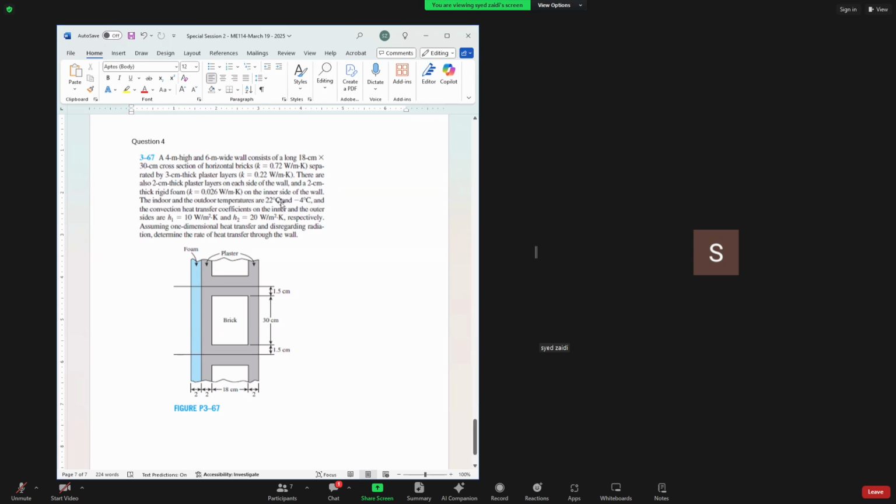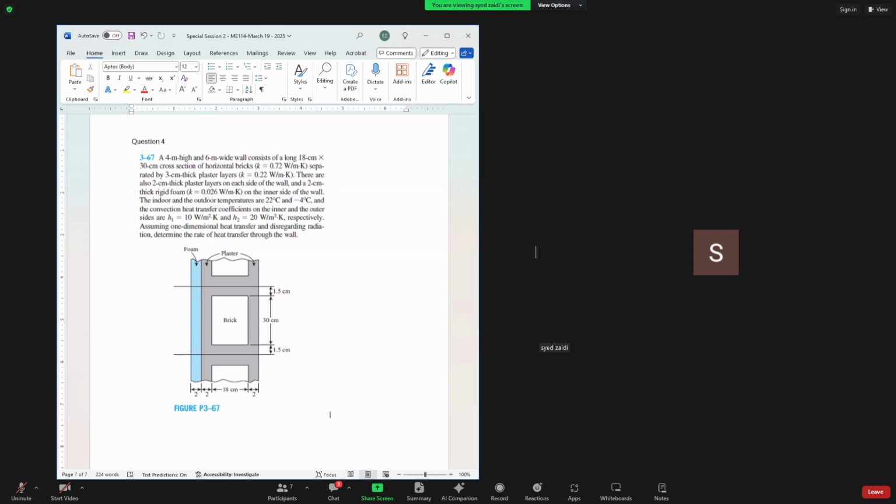The indoor and outdoor temperatures are given, and the convective heat transfer coefficient is given. Assume one-dimensional heat transfer and disregarding radiation, determine the rate of heat transfer through the wall.